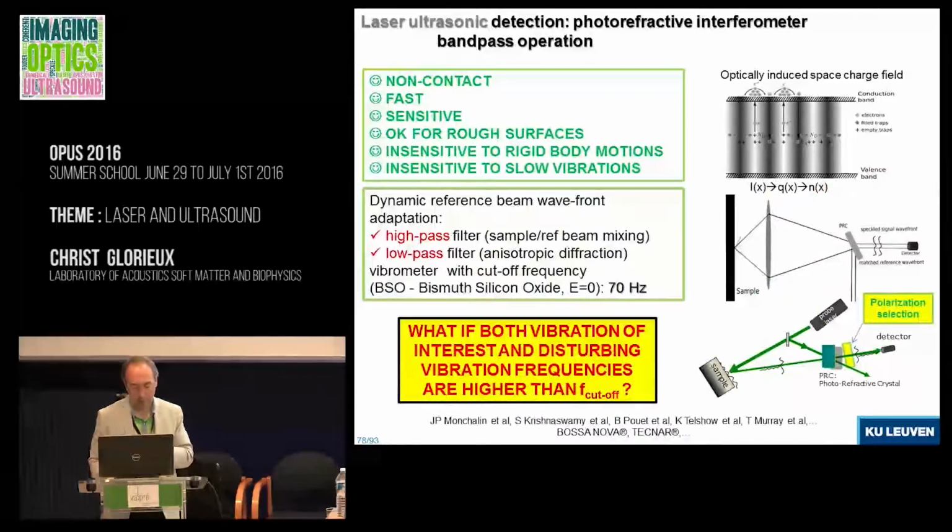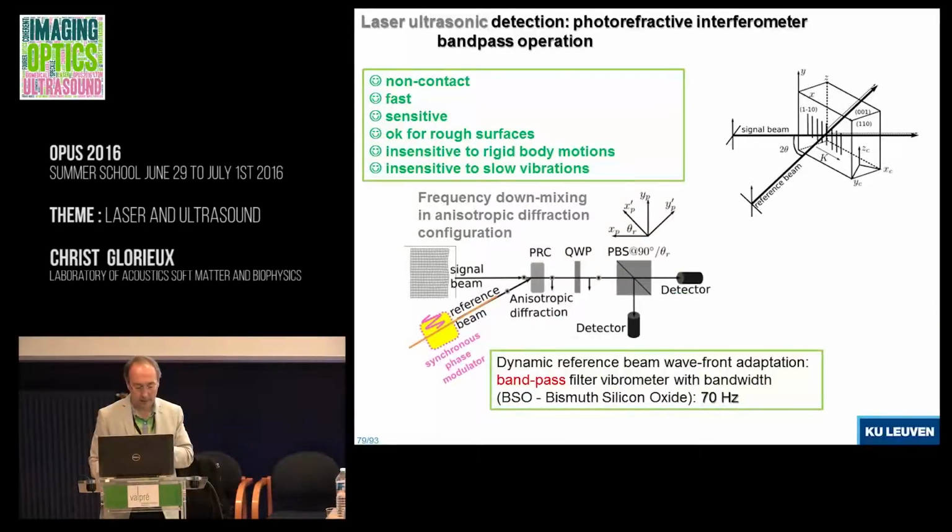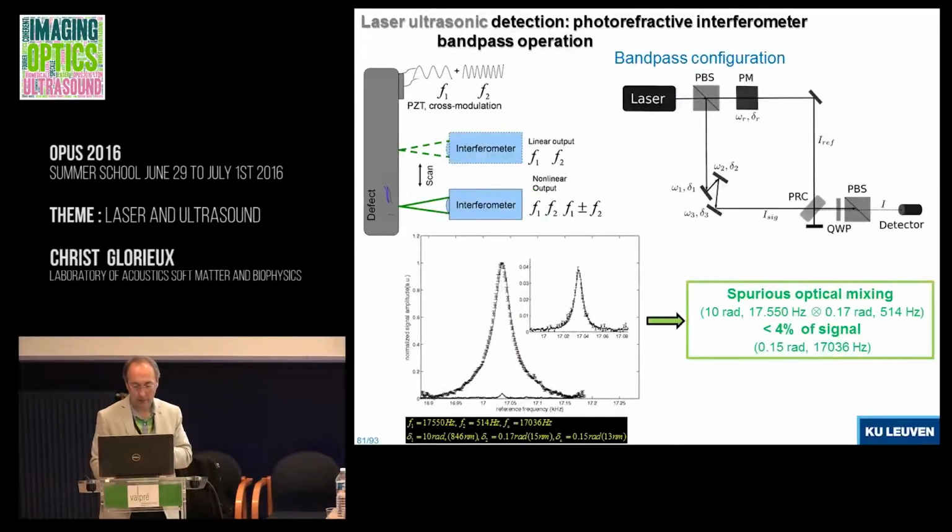But what I wanted to show is that by putting simply a Pockels cell in the reference beam, you can choose at which frequency the interferometer will detect vibrations or waves. So it's a kind of optically tunable filter.